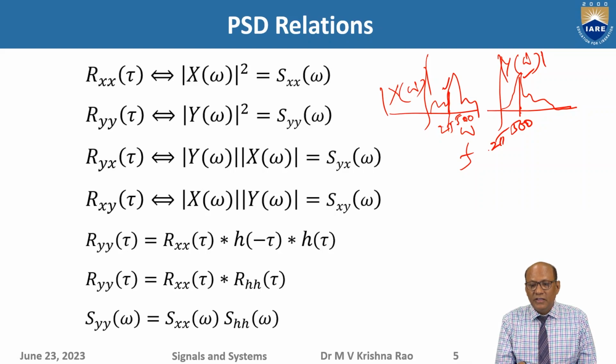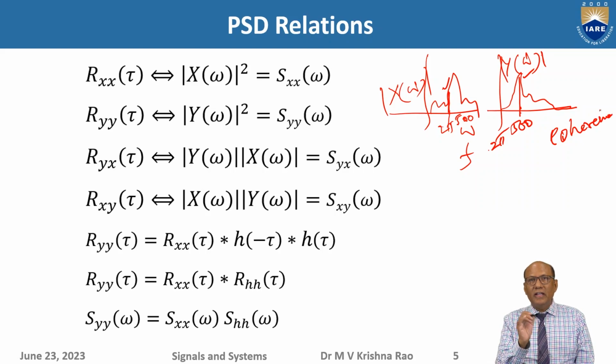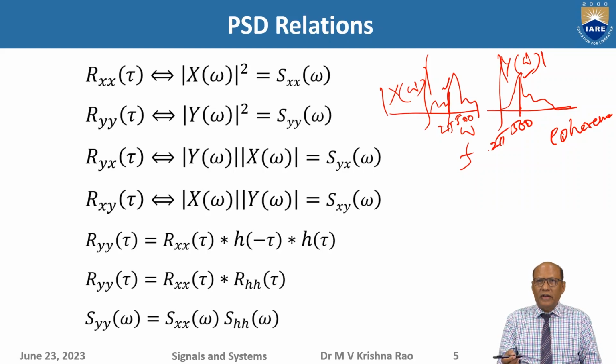In the same way, here we have one quantity called coherence. That means coherence between the amplitudes of the same frequencies in both spectra. Okay. So that is coherence. It is equivalent to the correlation coefficient there. And you have the bicoherence like that.